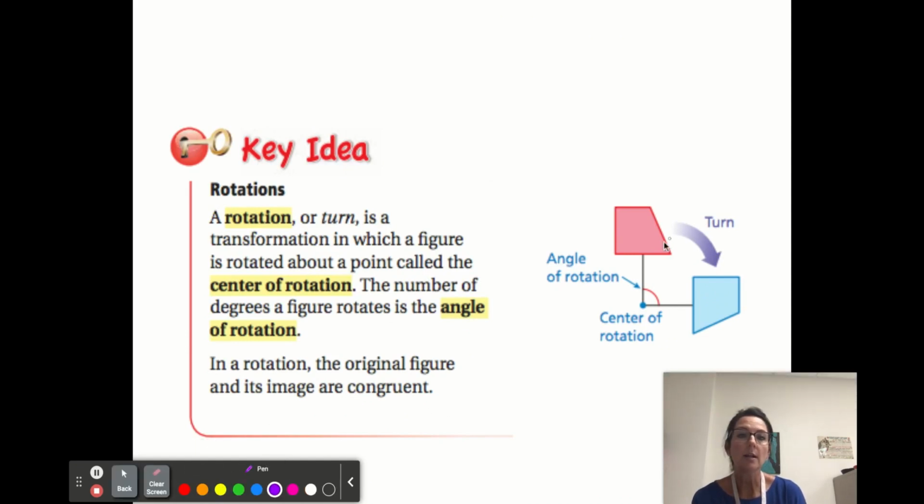So we're doing this point right here, and that point, and this point would form a 90 degree turn, and this turn is clockwise. So this is an example of a 90 degrees clockwise rotation. And that's how we're going to be describing them. It has to be a degree, a measure of the angle, and also a direction. Okay.